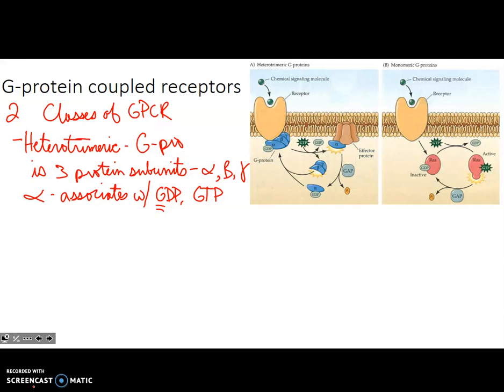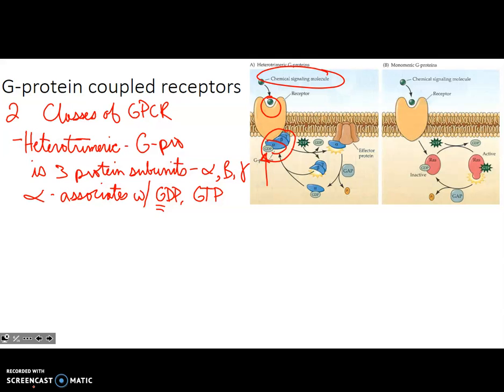Okay, and so if we look here at the G protein, the alpha subunit, this one here, is associated with the GDP. Okay, guanosine diphosphate. Now, what happens is when the ligand, the chemical signaling molecule here, right, neurotransmitter or whatnot, binds to the receptor, the G protein associates with it.